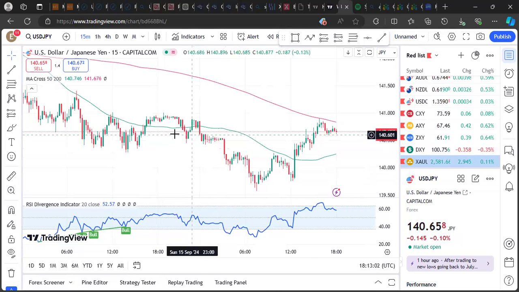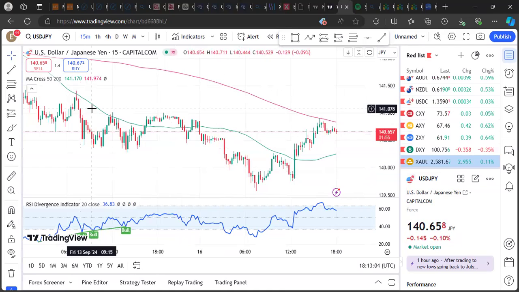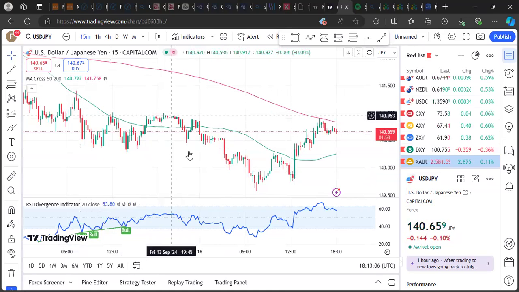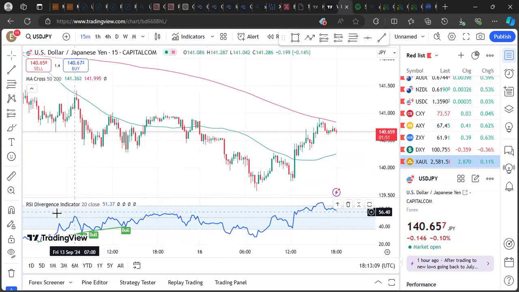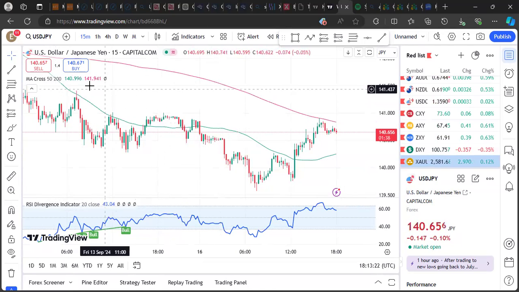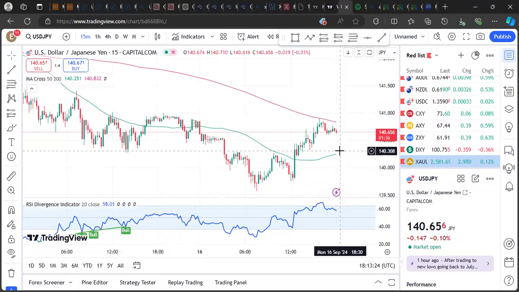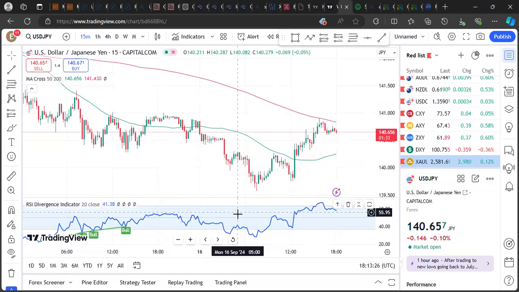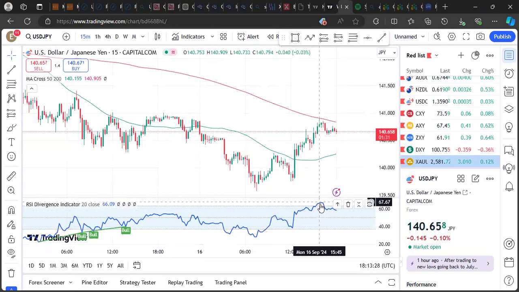Now, after all your analysis, the next thing to do is to get your trade bias. And that's when you use the RSI, the relative strength index. It is very simple. If you are on a downtrend and you have a bearish bias, like we have on USD/JPY, when the RSI is above this zone, the overbought zone, that's a sell bias.